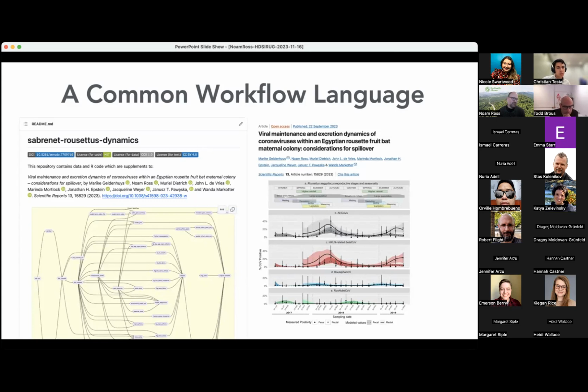And it involved both a phylogenetic component and a sort of non-parametric dynamic modeling component to understand the seasonality of this virus shedding.